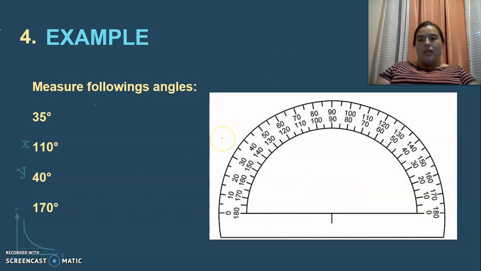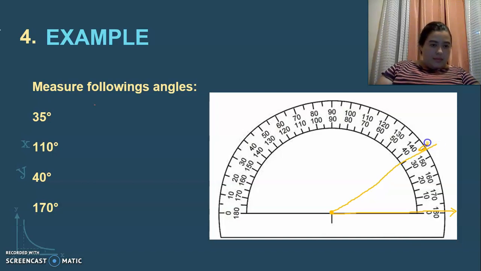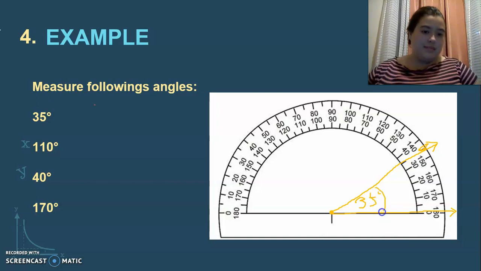Then we are going to continue with more samples. We have to make an angle with 35 degrees. We make a vertex with the first ray, and then we look for 35. 35 is in the middle between 30 and 40. So we make our second ray, and this is an angle with 35 degrees.